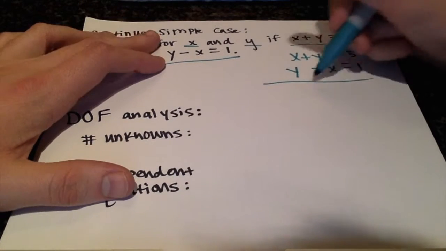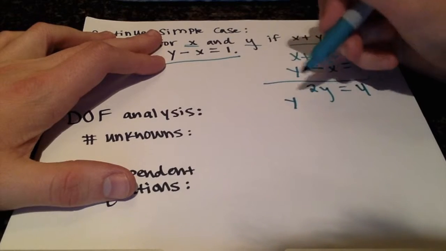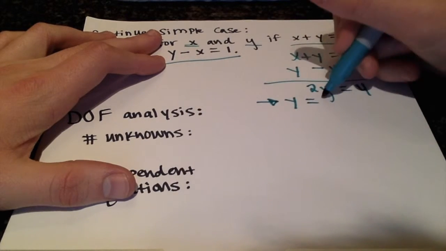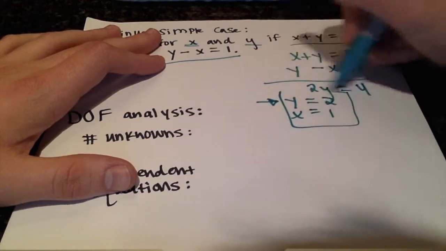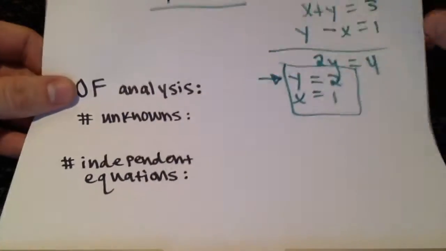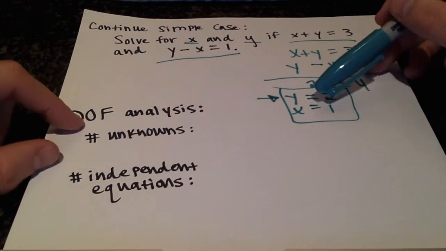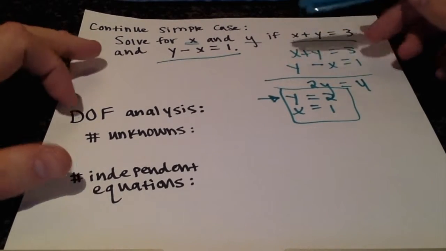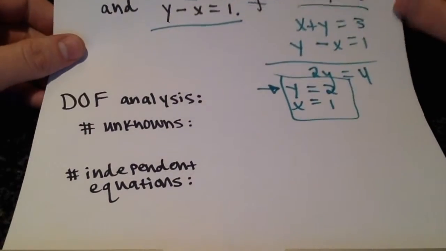And you'll just get that y is equal to 2, plug that back in, and x is equal to 1, and you've solved your problem. So I know this is a really simple case, but let's look at this problem using our useful degree of freedom analysis.